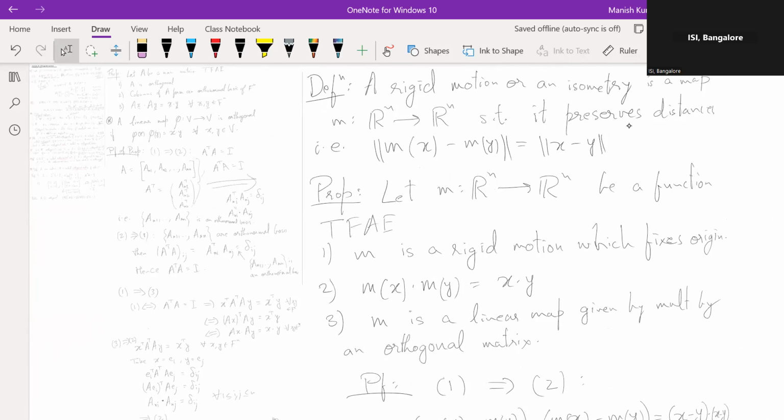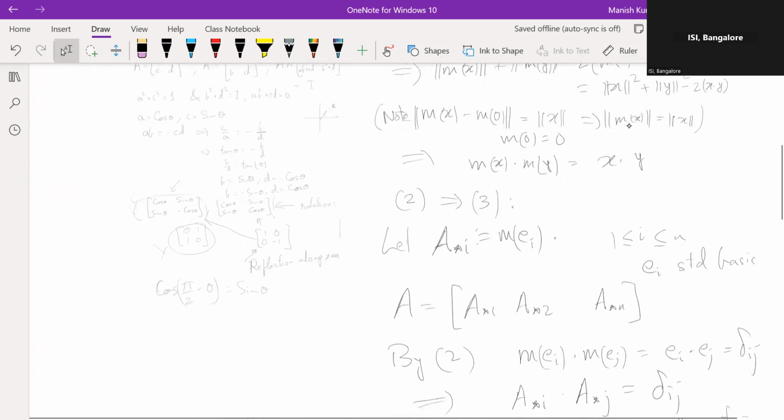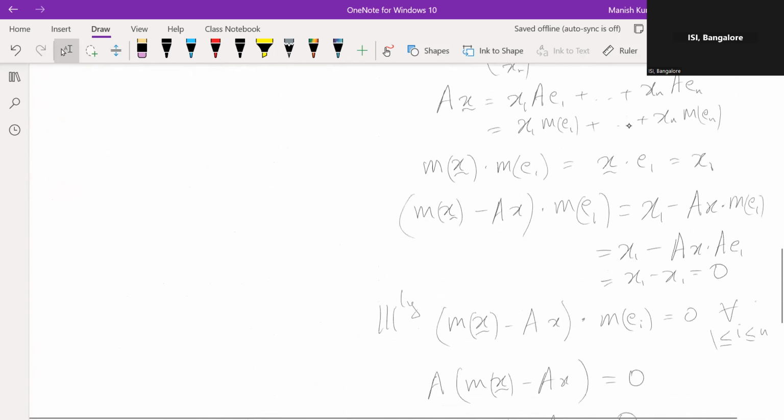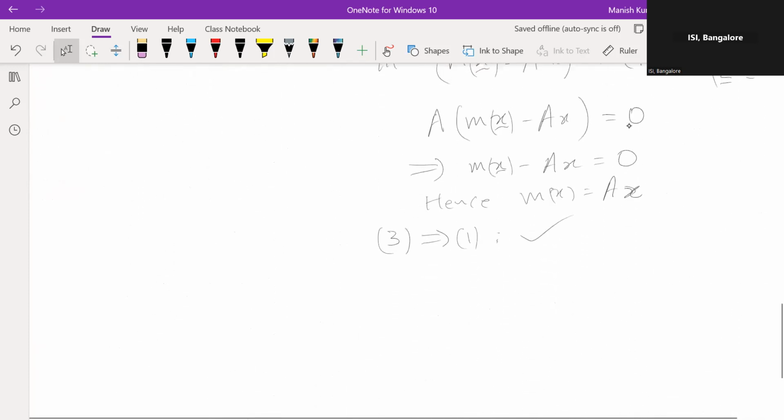So 3 implies 2, for instance, or 3 implies 1 also. It is going to preserve the origin, and it preserves inner product, so it preserves distances as well. So that is 3 implies 1. So this completes the proof for this thing.